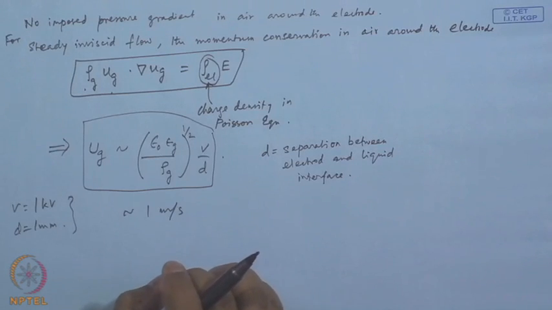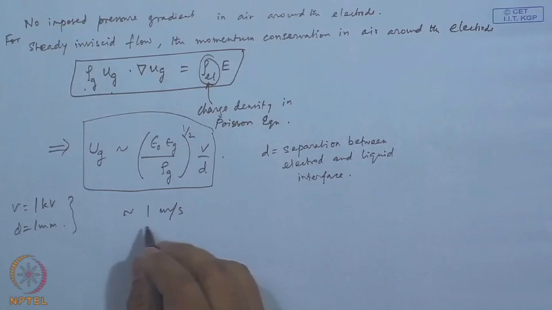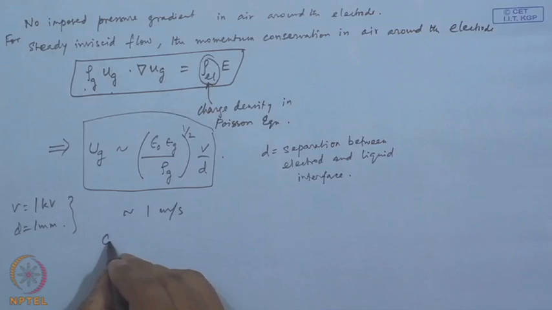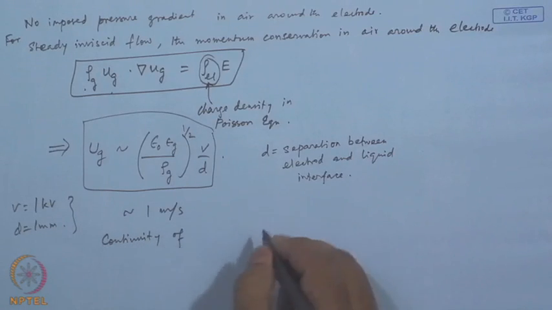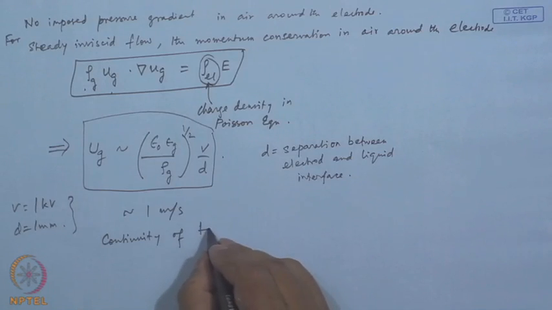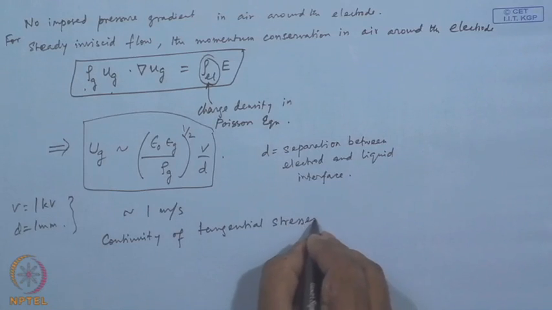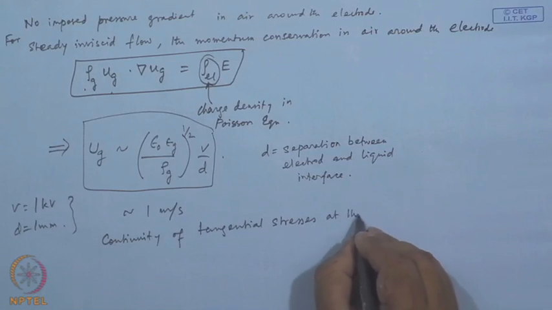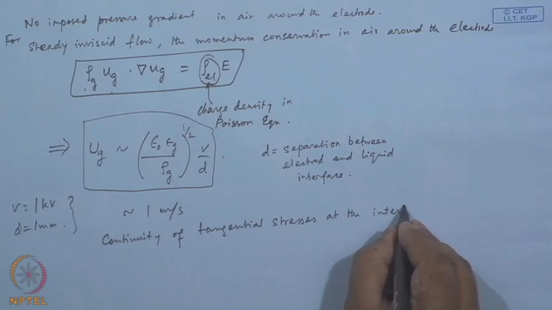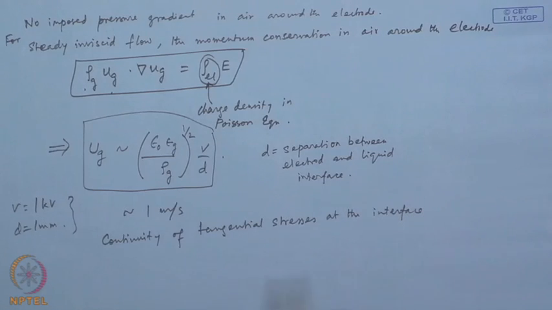And then if they use the continuity of tangential stresses at the interface, then one can come up with UL, what would be the liquid velocity at the interface.